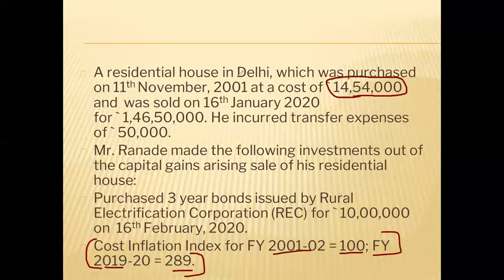Understood? Because the property was purchased in 2001-2 for 14,54,000. What will be its current year cost? You can calculate using these two values, cross multiply. So everybody tell, what will be the indexed cost? Firstly calculate the indexed cost. Now you know how to calculate. Year of purchase 2001-2, year of sale 1920.